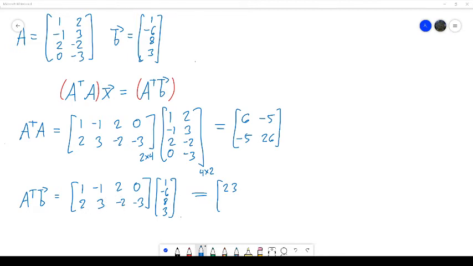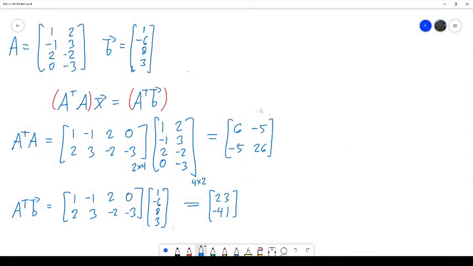Let's just get this all together. Let's see, we have 2 minus 18 minus 16 minus 9. So this should come out to negative 41. Okay, so we have our A transpose A, we have our A transpose B.